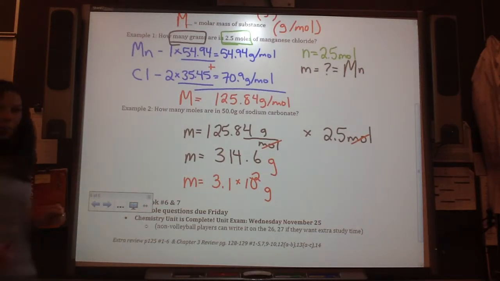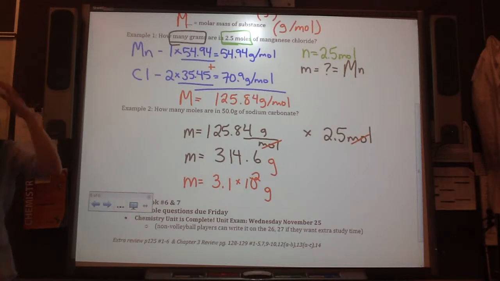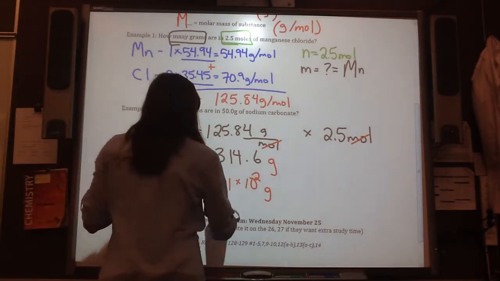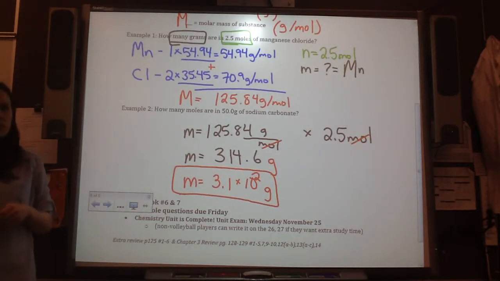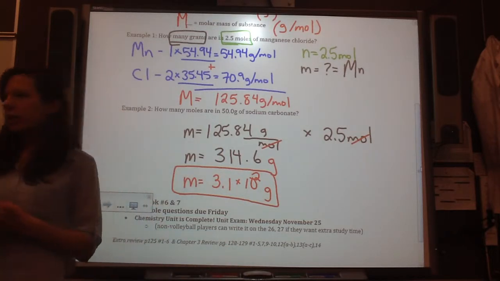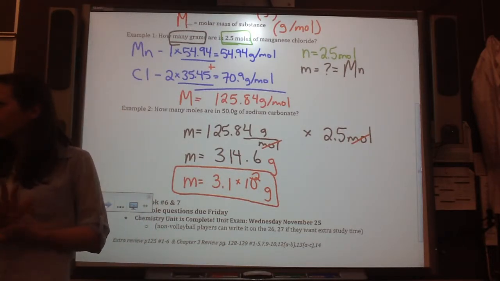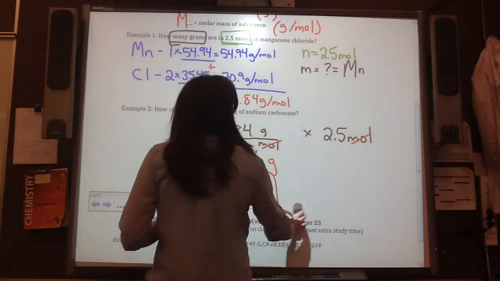And then you have to put grams. Yep, your units in grams. Please make sure, even when you're doing your work, you write your units in so that you can stay consistent. So then this would be our final answer. Any questions on that first example? Okay.